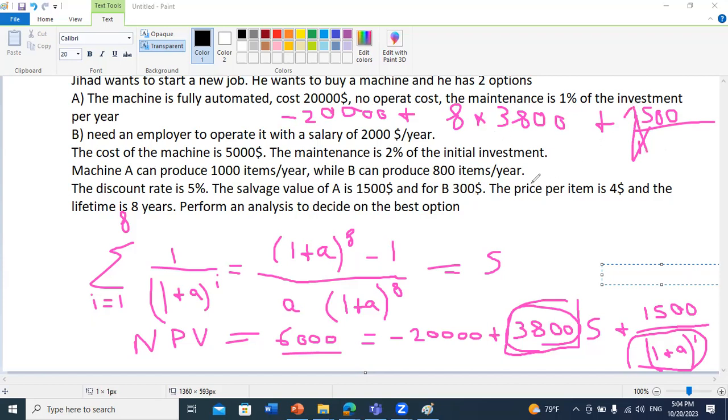If we do this calculation, can you do it please, Batul?